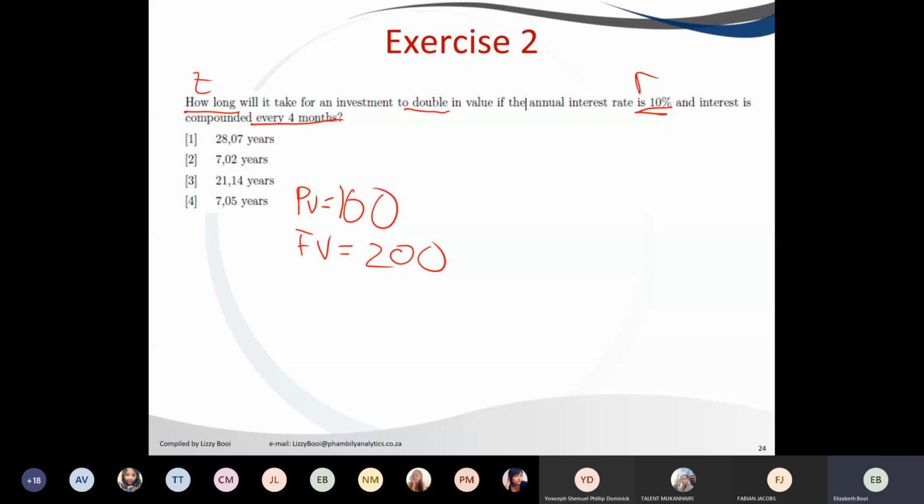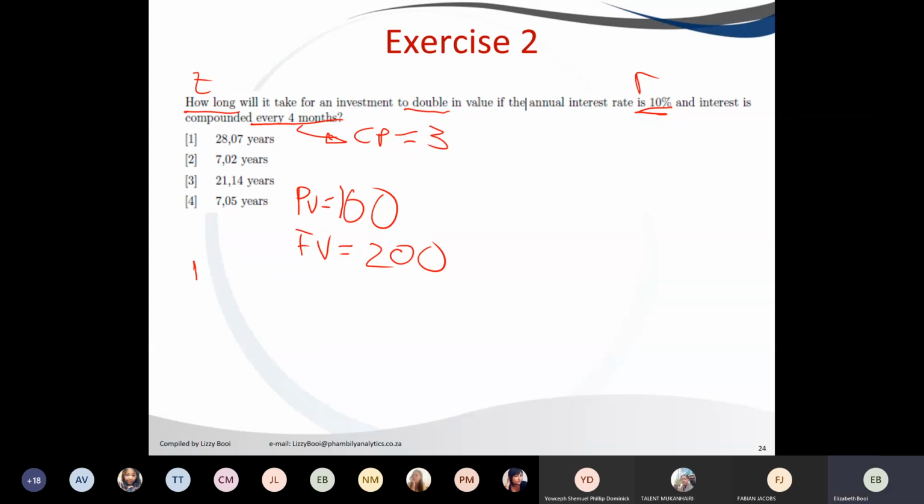It cannot be quarterly. It cannot be 4. If a year has 12 months, then with compounding every 4 months, your compounding periods will be equivalent to 3.